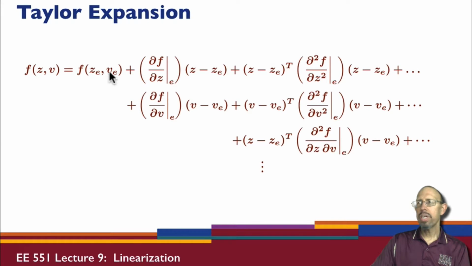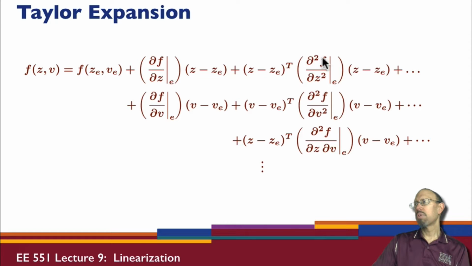If we can take a Taylor expansion of the nonlinear function, then this is what it looks like. And you can see it starts getting messy. So what's happening? I can evaluate this at the equilibrium condition, plus I take the partial derivative of f with respect to z. Remember, f is a function of z, so I can take the partial of f with respect to z, evaluate it at the equilibrium condition, multiplied by z minus ze. Okay, so this is the Taylor expansion.